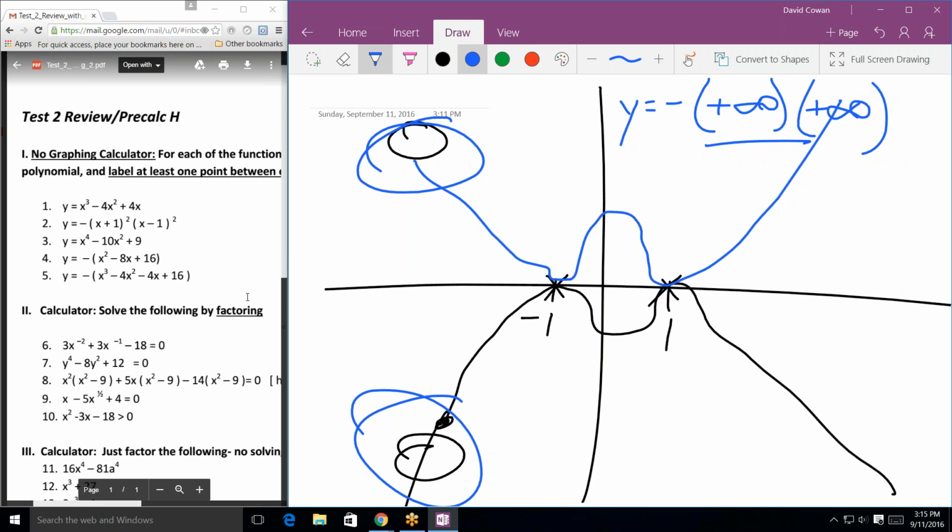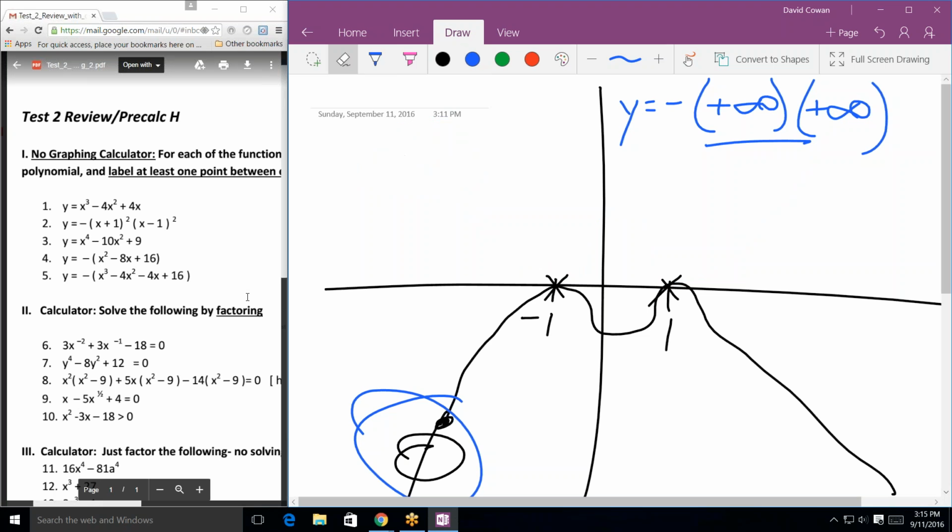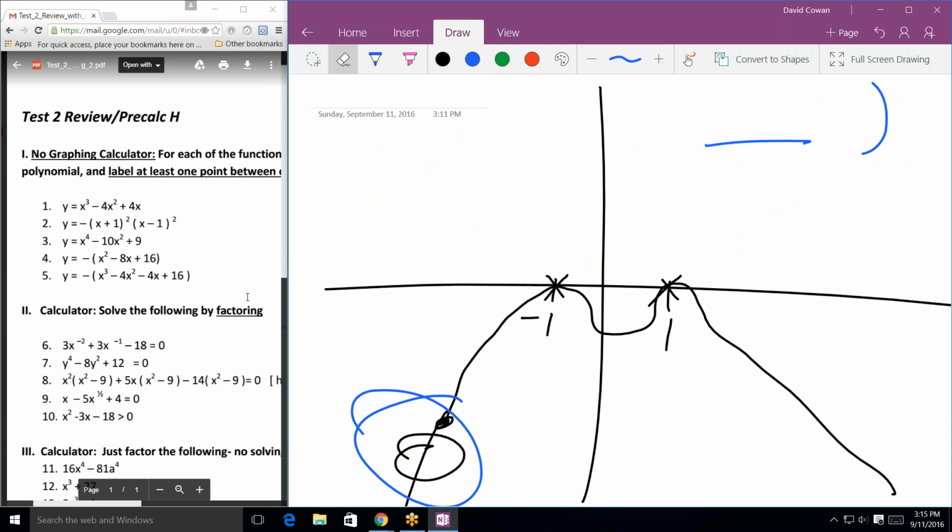So it has to start from the bottom. Okay. That makes sense. Now, they want 1 point, so this black line is the correct line. Let's erase everything else. That's the correct line.